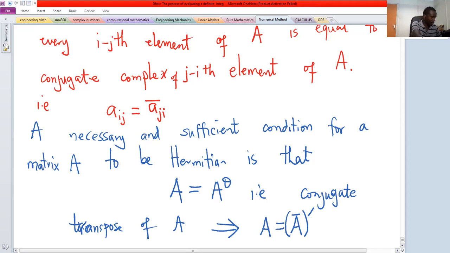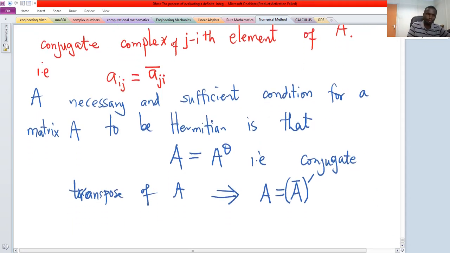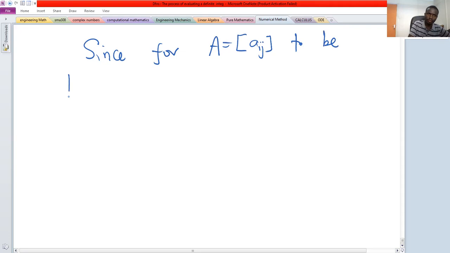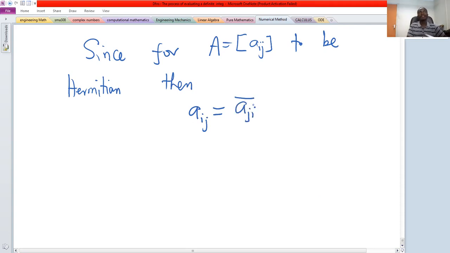So, for A to be Hermitian, aij must always be the same as the conjugate of aji.